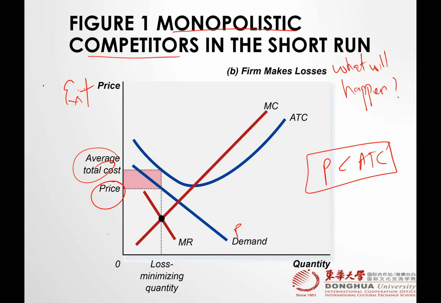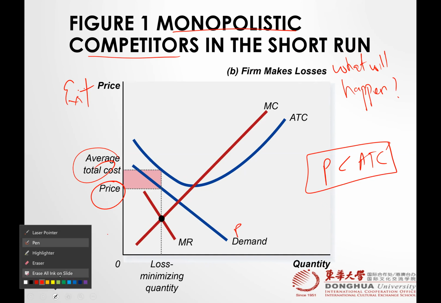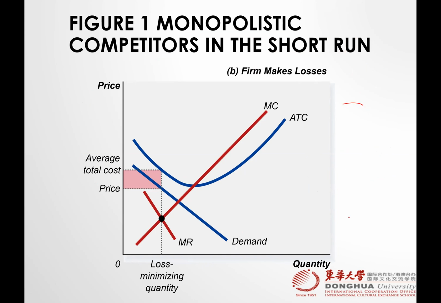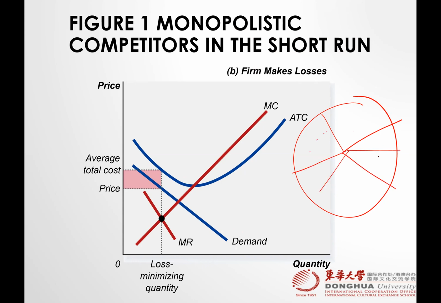When they exit the market, the existing customers, right? For example, we have a market structure here. These are, for example, 1, 2, 3, 4, 5, 6 companies here, right?